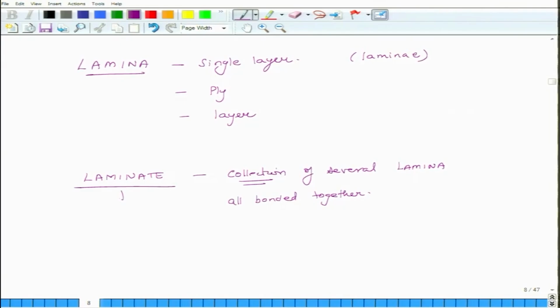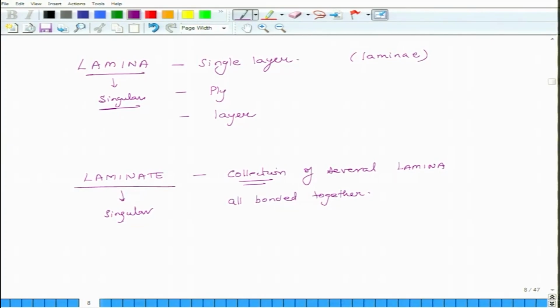So, laminate is also a singular noun, so is lamina. Okay. So, a laminate is still a single. So, you have a laminate which has several laminae. You have one laminate which may have several laminae all bonded together.